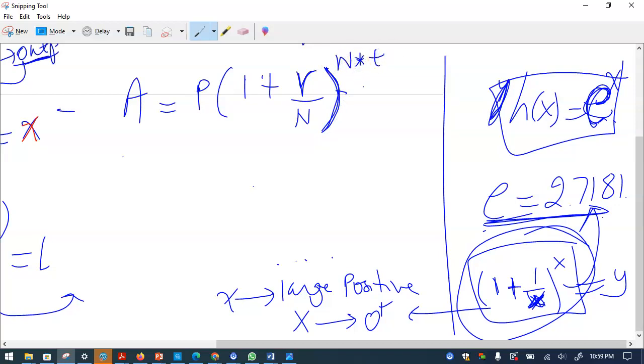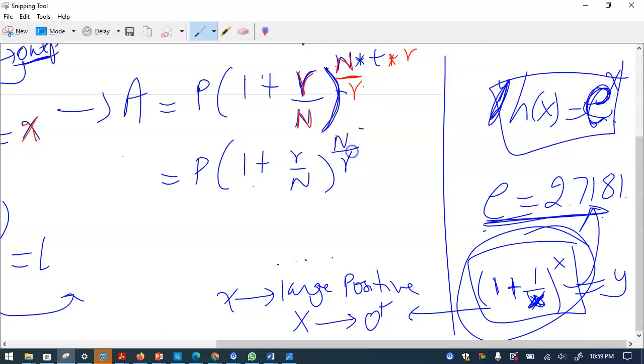This is the formula we know, but because there's r over n here, I want to divide by r and also multiply by r. So this will be equal to P times 1 plus r over n, and I will write this as n over r inside, and outside you can put this RT remaining.